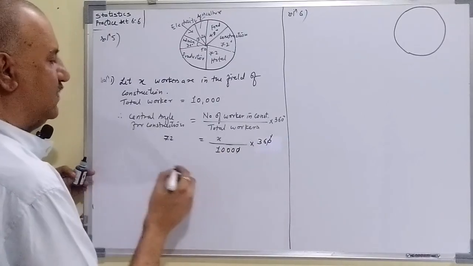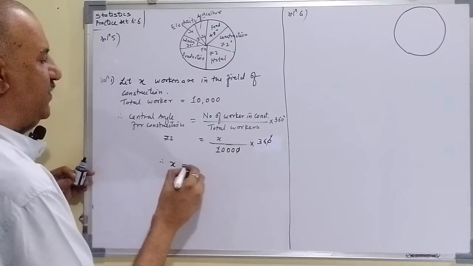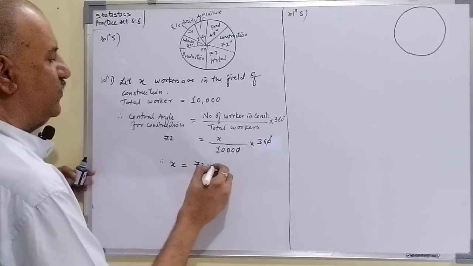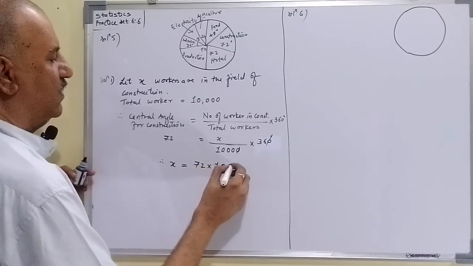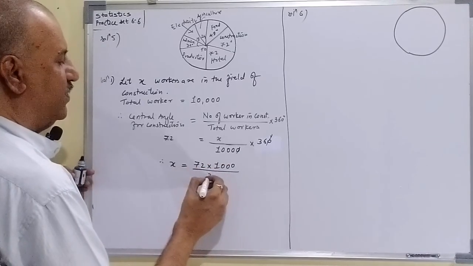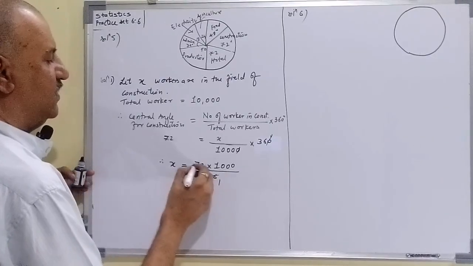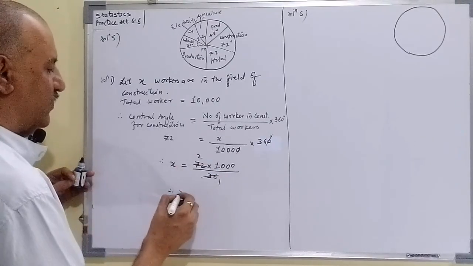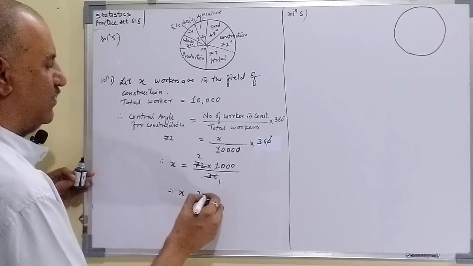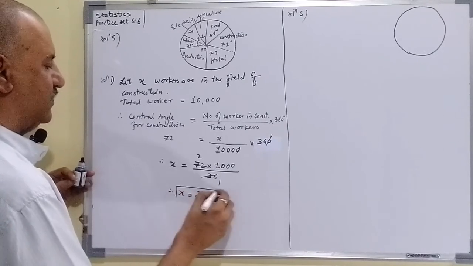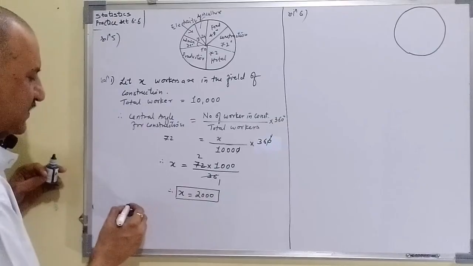So 0, 0 get cancelled. So x will be 72 into 1000 upon 36. 36 ones are 36, 36 twos are 72. So x will be about 2000 workers. इसका final answer लिखो.